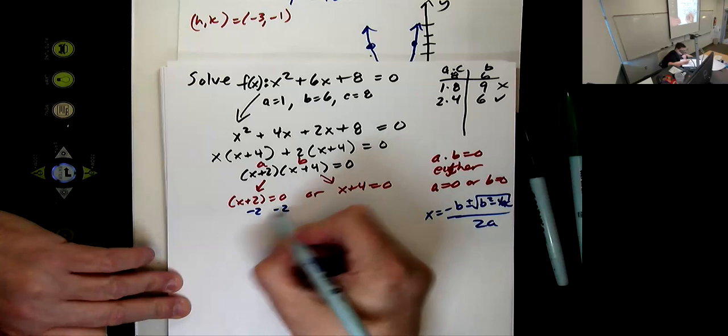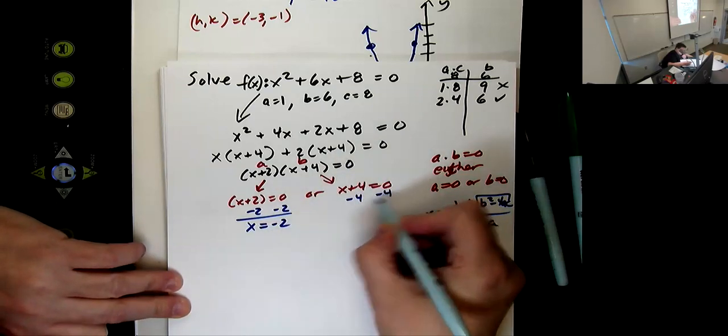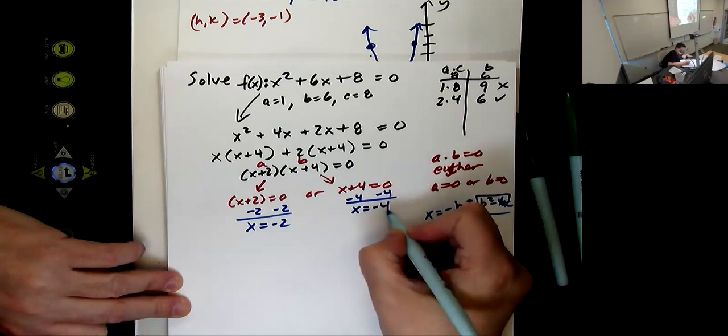Subtract 2 here, and I get x equals -2. Subtracting 4 here, and I get x equals -4.